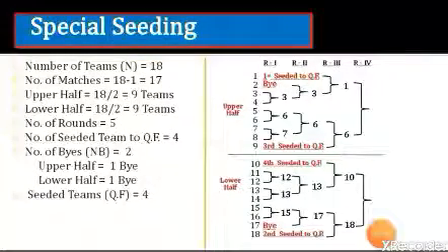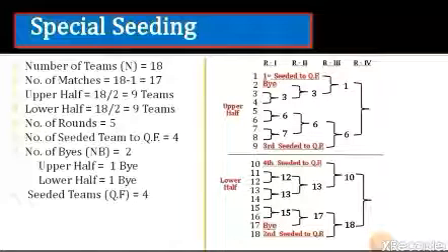In the fourth round, the match between 1 and 6: 1 becomes the winner and enters the final round. The match between 10 and 18: 18 becomes the winner and reaches the final round.